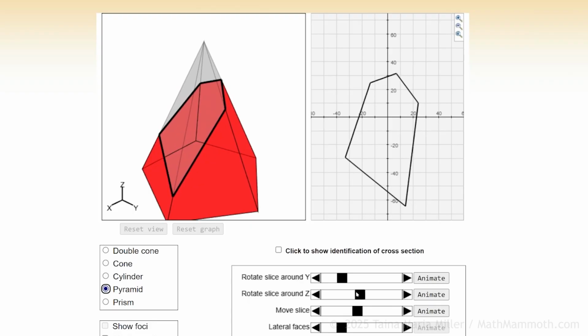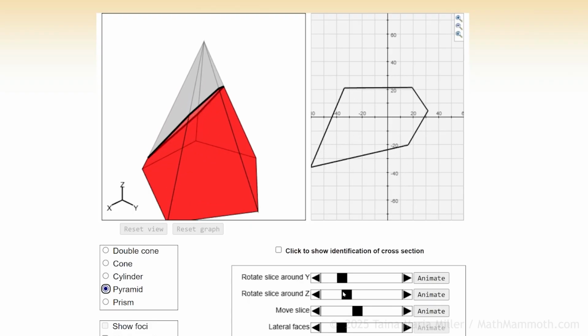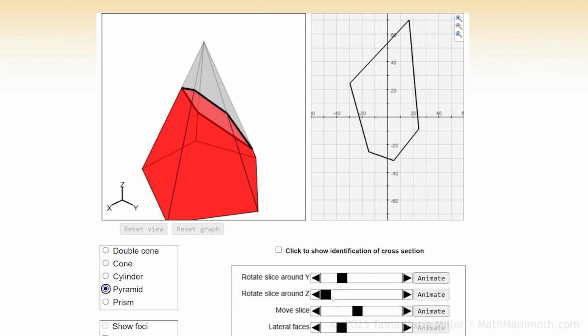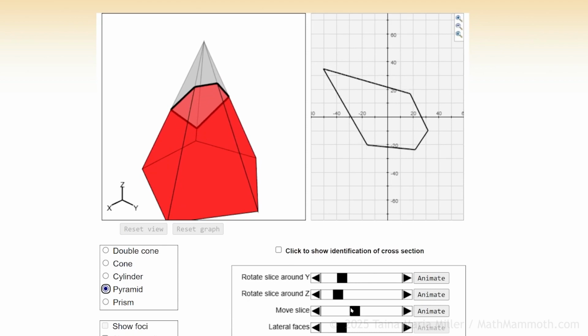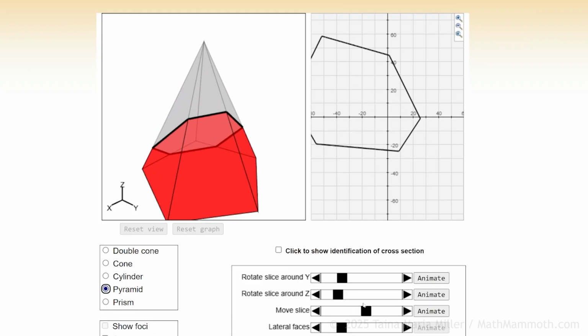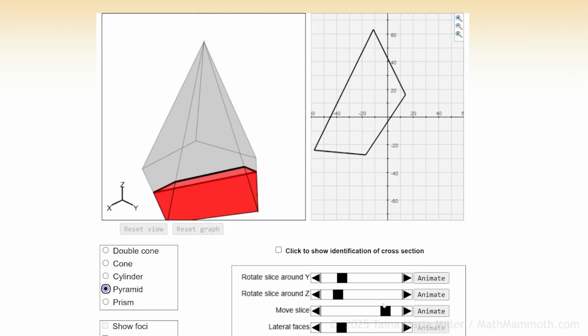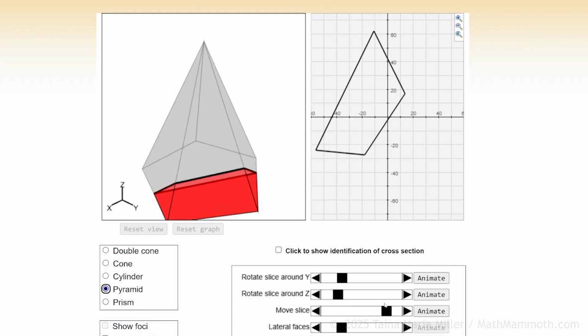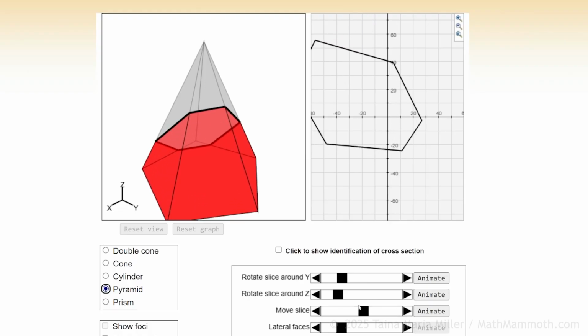And we can rotate this slice the other way. And move it up and down. Here there's a point where I move it down that it becomes a quadrilateral or four-sided shape. But now it is back to a five-sided shape or pentagon.